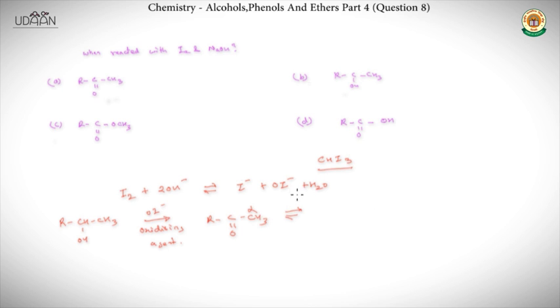Now, we have base OH minus. With the elimination of water, it will form a carbanion at the alpha position.